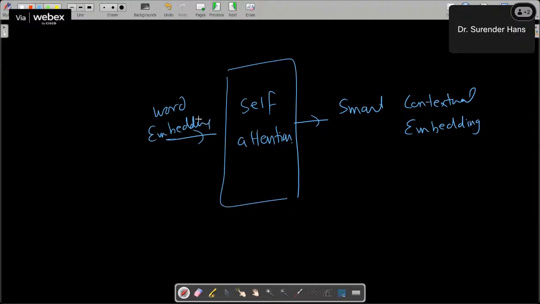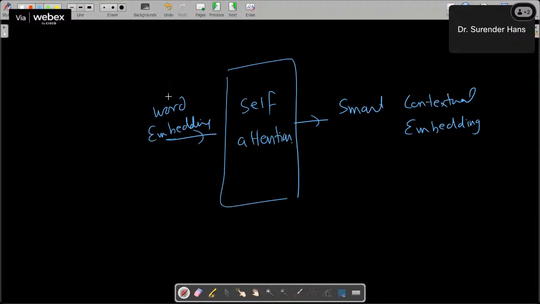That means you can consider self attention as a function where you send the entire sequence of this input to the self attention model.